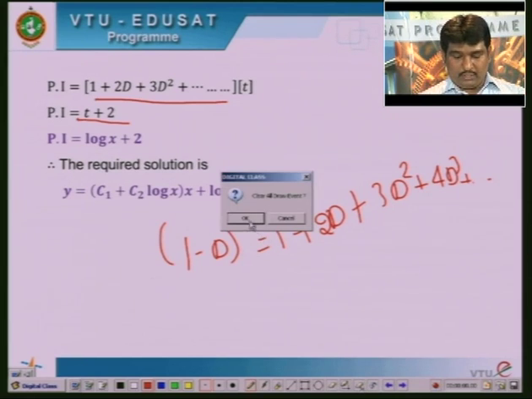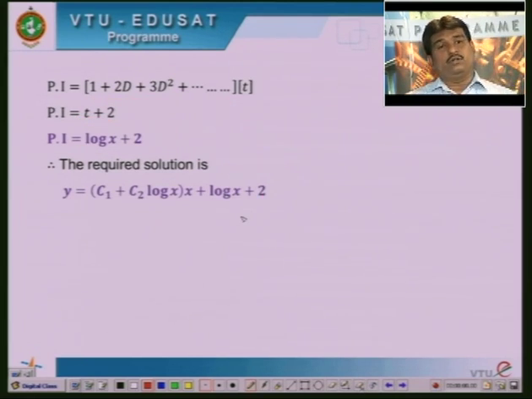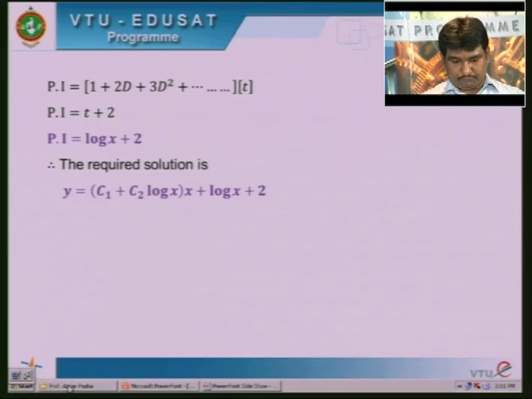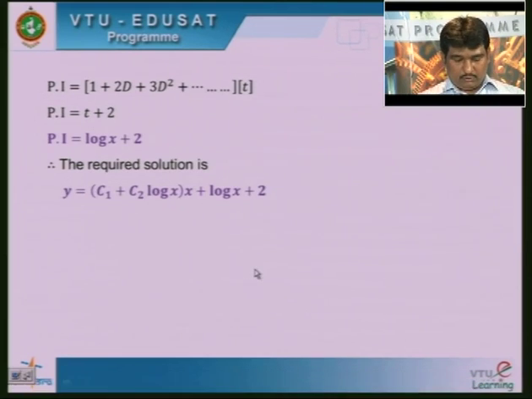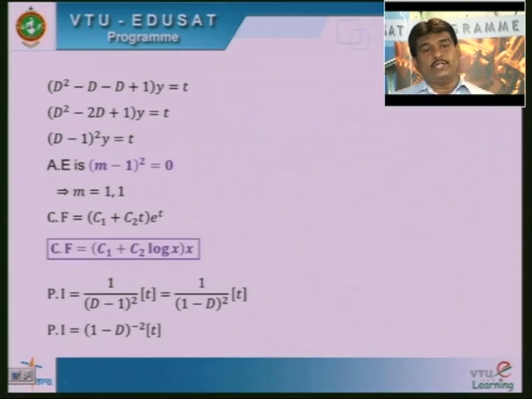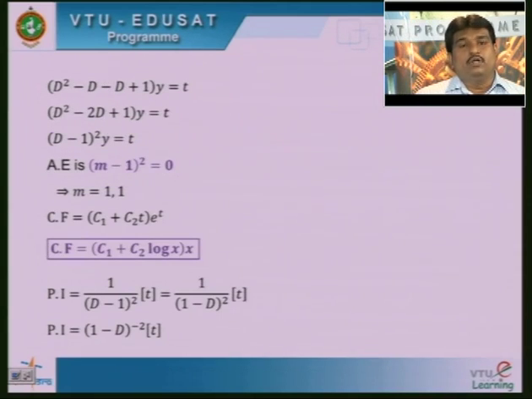If you want, you can find PI in this case using the division method also. You can see we have 1 divided by 1 minus D the whole squared into t.